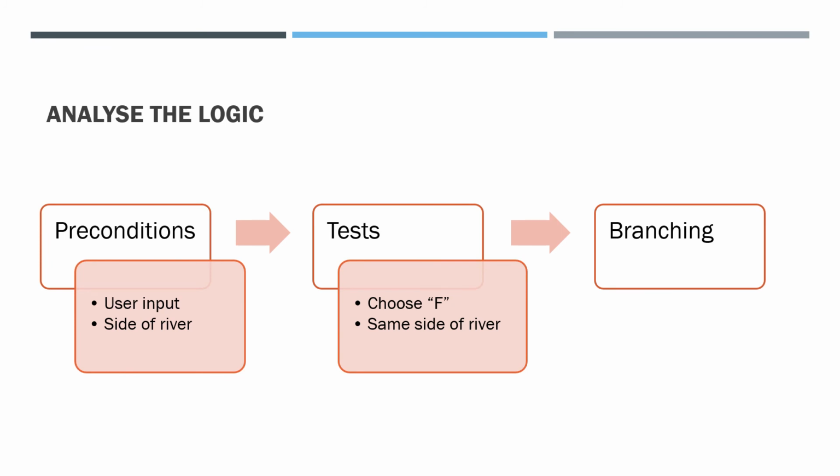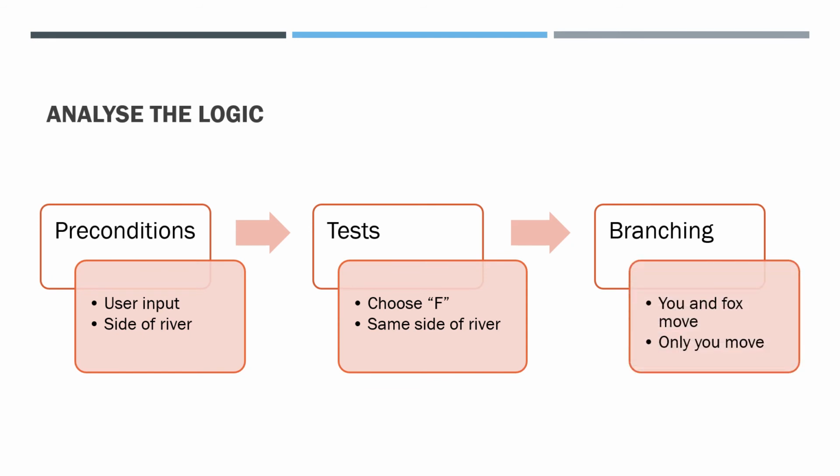My two tests are whether the user has input a capital F and whether the fox and the person are on the same side of the river. And then depending on the outcome of those tests, either both the person and the fox move or you move on your own.